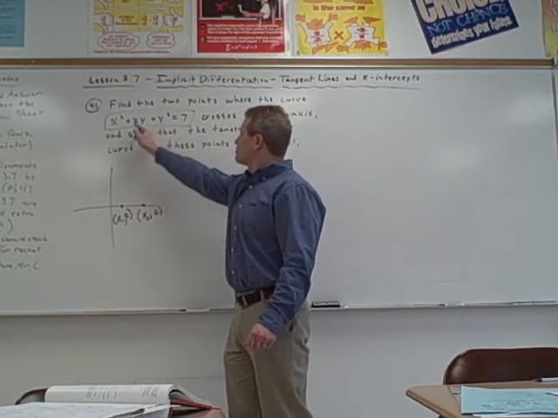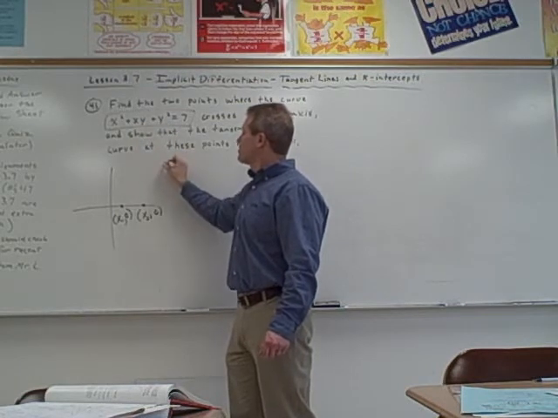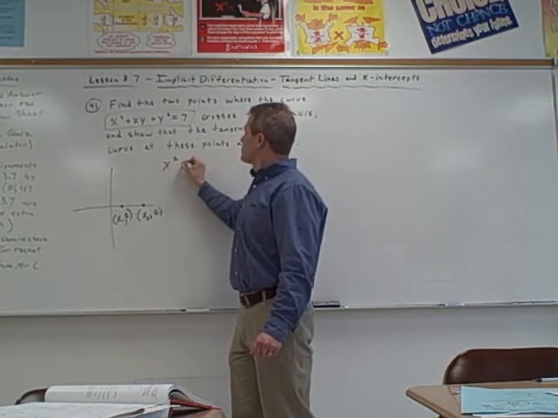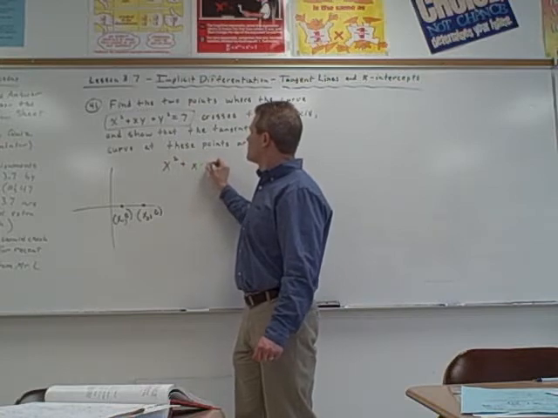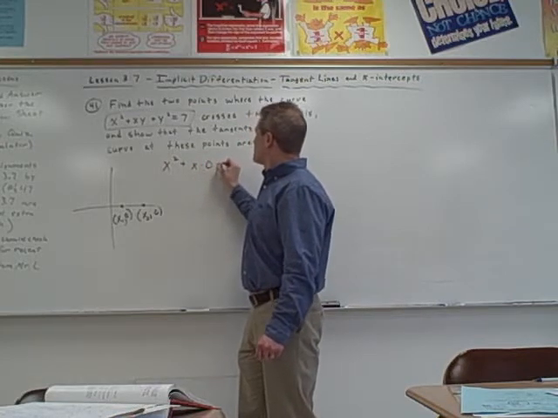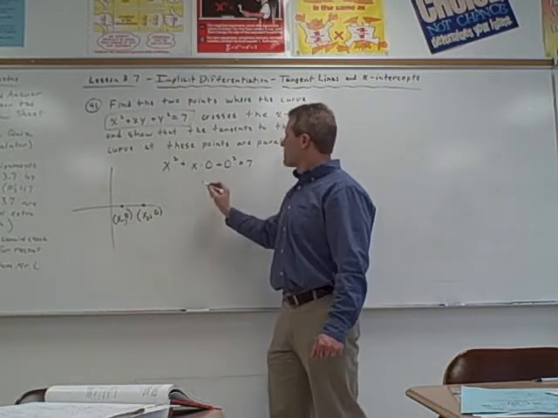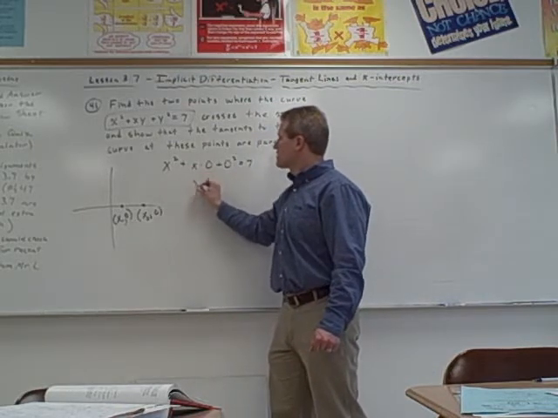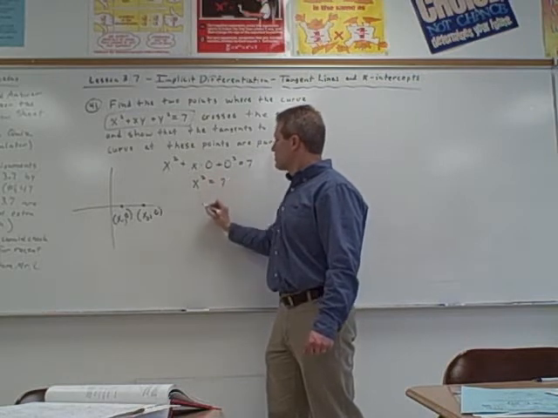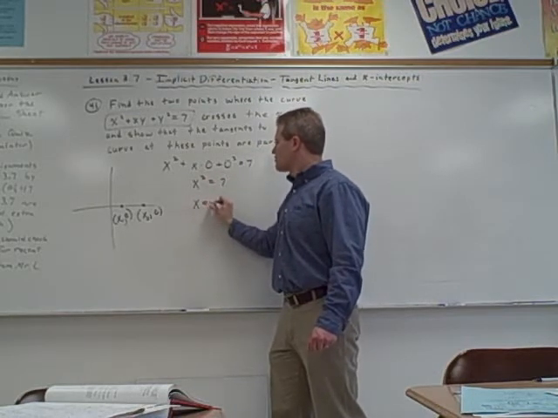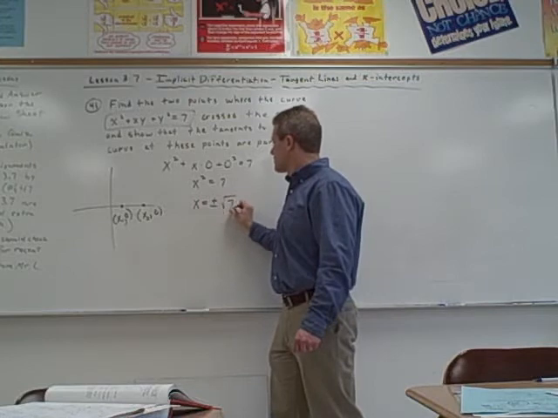So I'm going to put 0 in for y here and here. So that would give me x squared plus x times 0 plus 0 squared equals 7. So that simplifies to x squared equals 7. Square root of both sides, x equals plus or minus the square root of 7.